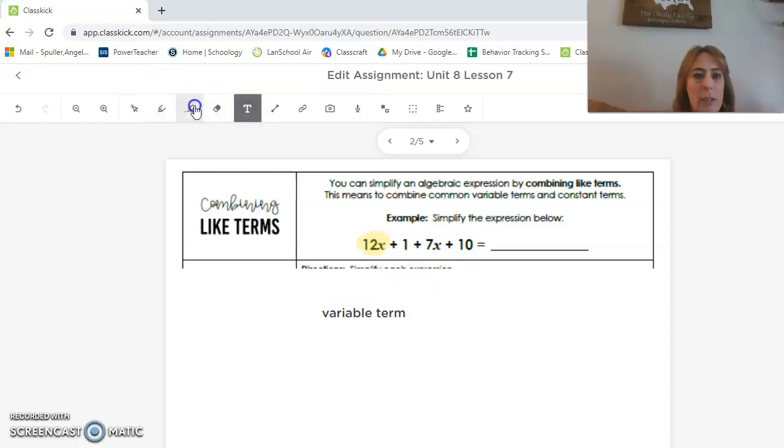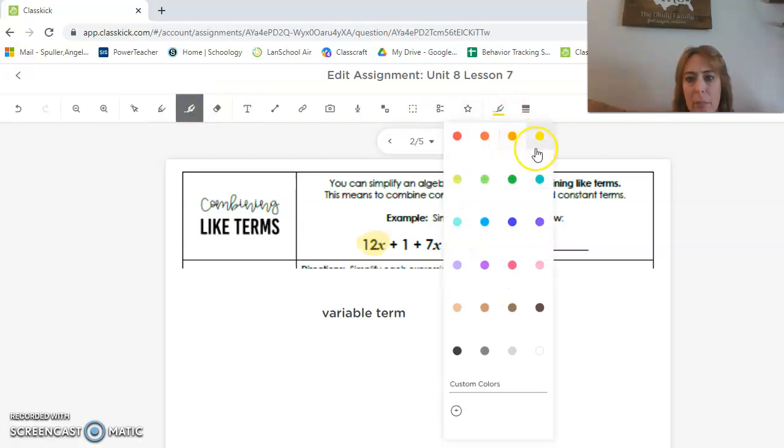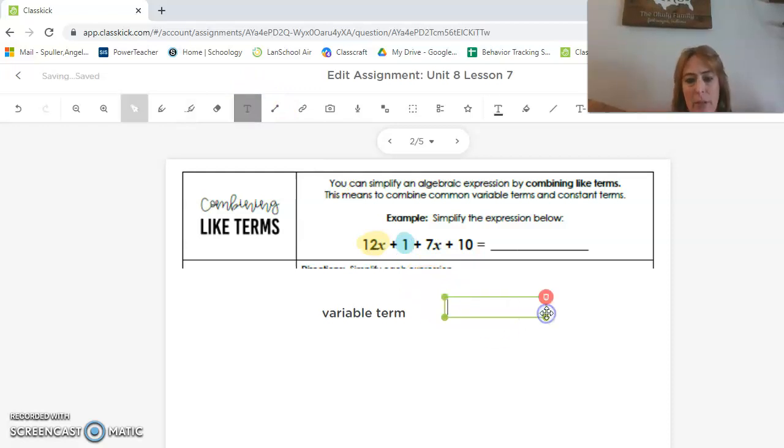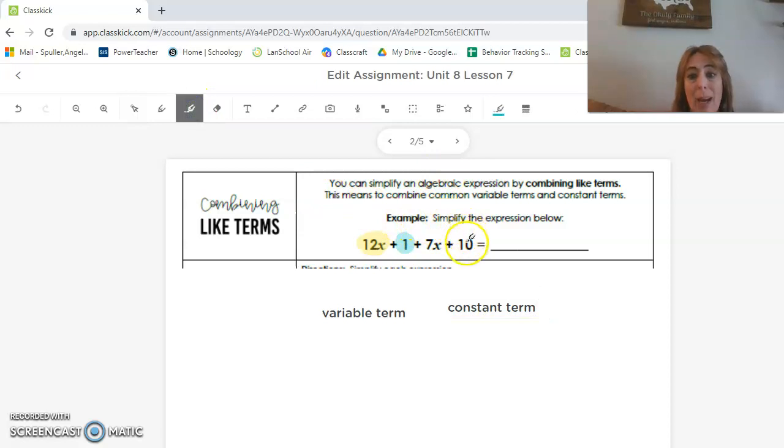Then we talked about this here being what we call the constant term. And the constant term doesn't change because it doesn't have a variable to change it, okay? So with that being said, we can always combine constants together and we can always combine variables together.